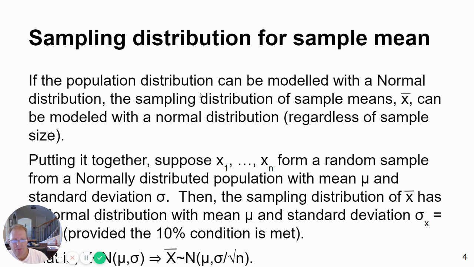Then the sampling distribution of x bar has a normal distribution with a mean of mu and a standard deviation given by the formula that we just discussed. So we can say that x bar is normally distributed with mean of mu and standard deviation of the population standard deviation divided by the square root of n.